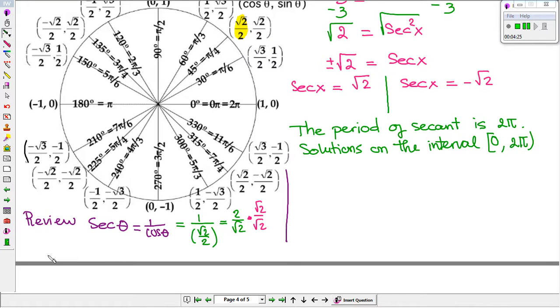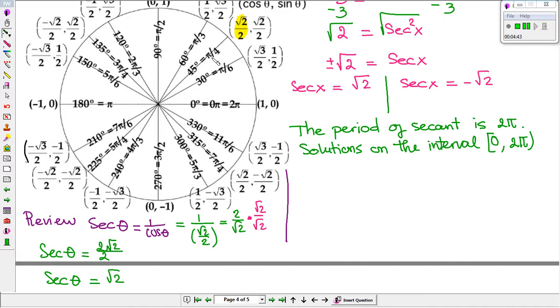That will give us secant of theta is 2 times square root of 2 over 2. Cancel the 2, so we can conclude that secant theta equals square root of 2. This is what we are looking for. So the first angle where secant equals square root of 2 is 45 degrees or pi over 4.